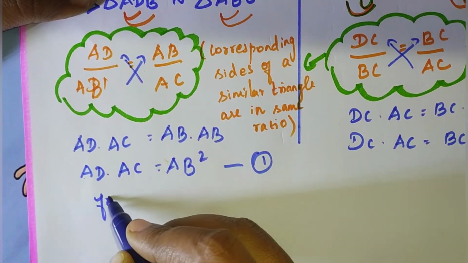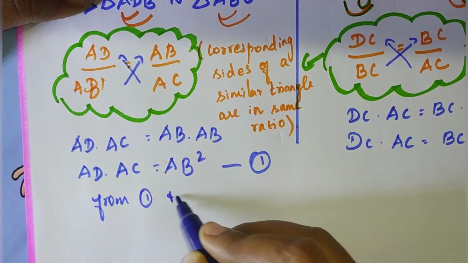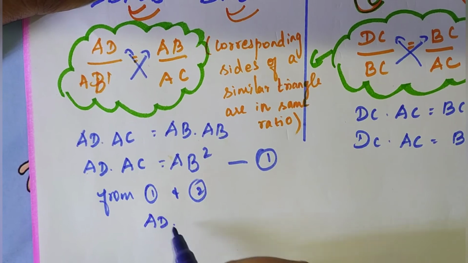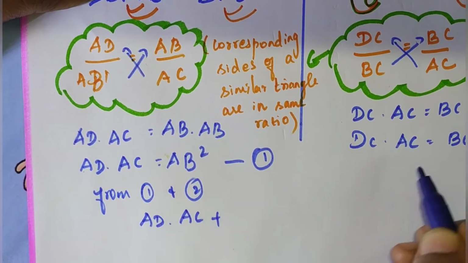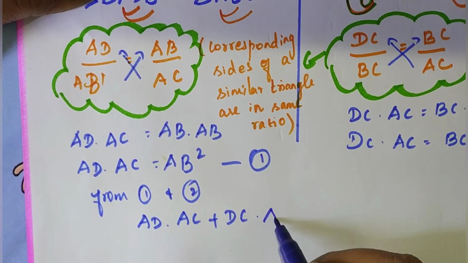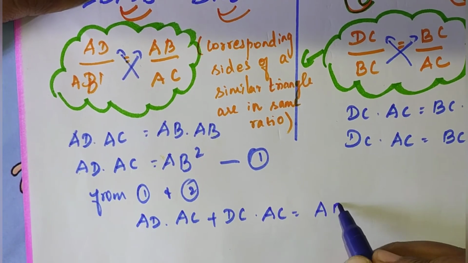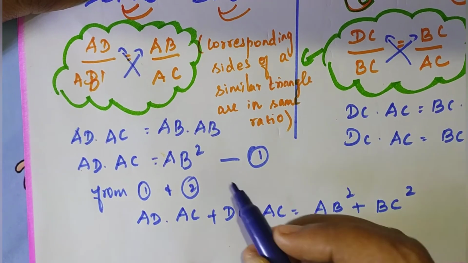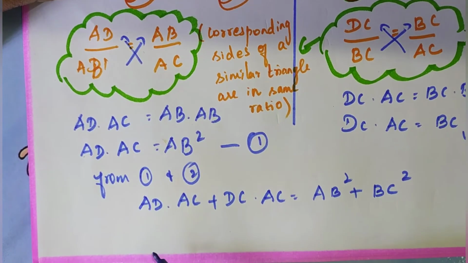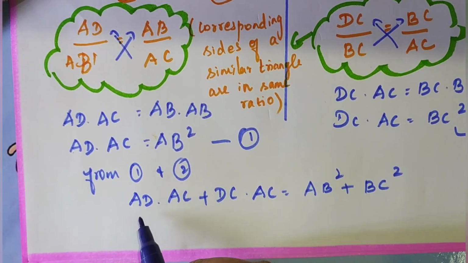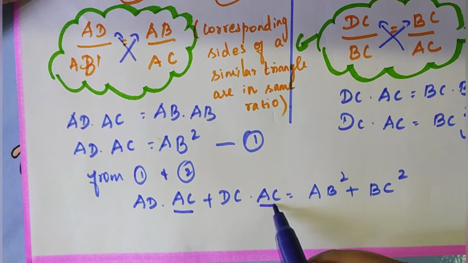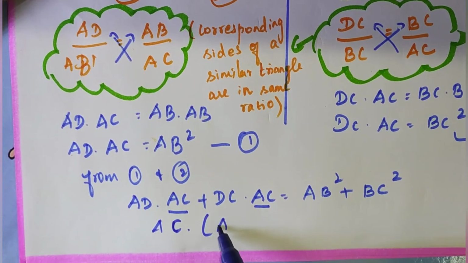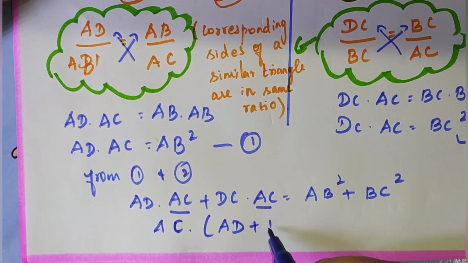From 1 and 2, we can add them, no? So AD into AC plus DC into AC is equal to AB square plus BC square. AC is common, so I am going to take it out. The remaining is AD plus DC.